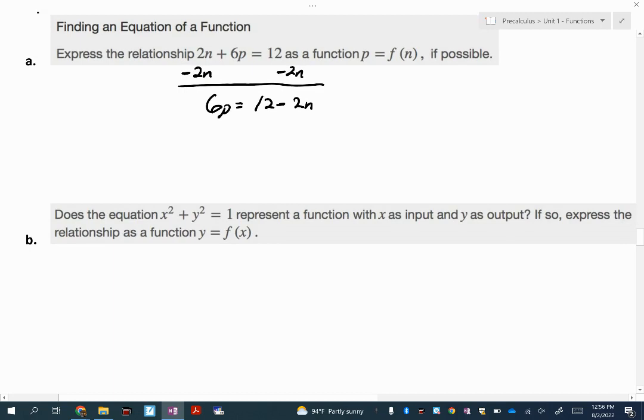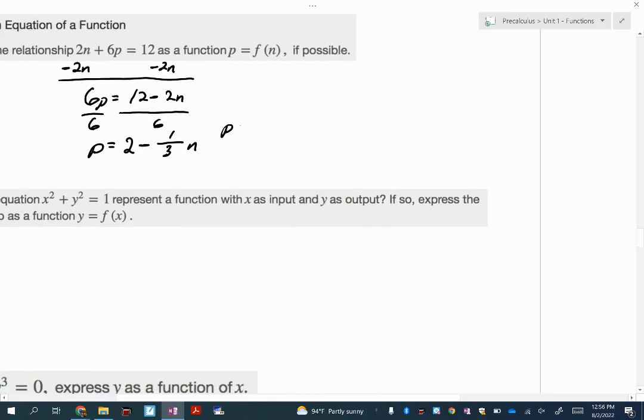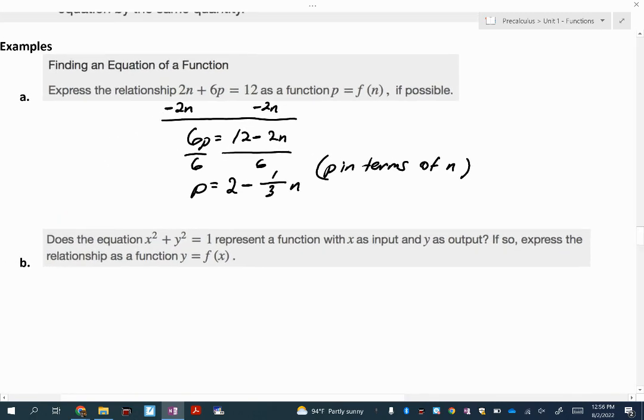Then I'm going to divide both sides by 6 and get p equals 2 minus 1/3 n. Now at this point, this is what we would call p in terms of n, or another way to think of it is p written as a function of n.